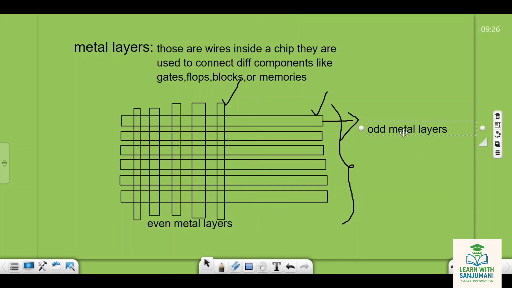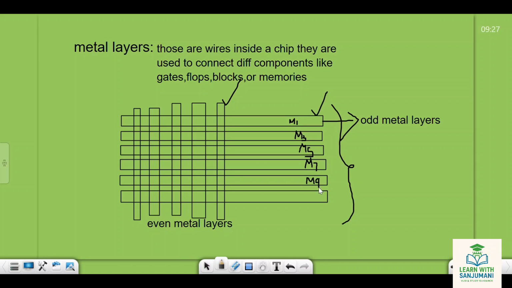So odd metal layers are M1, M3, M5, along with that M7, M9.